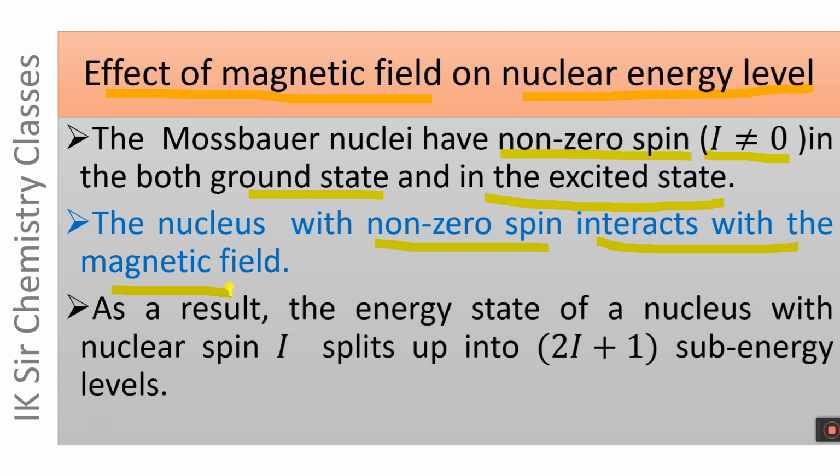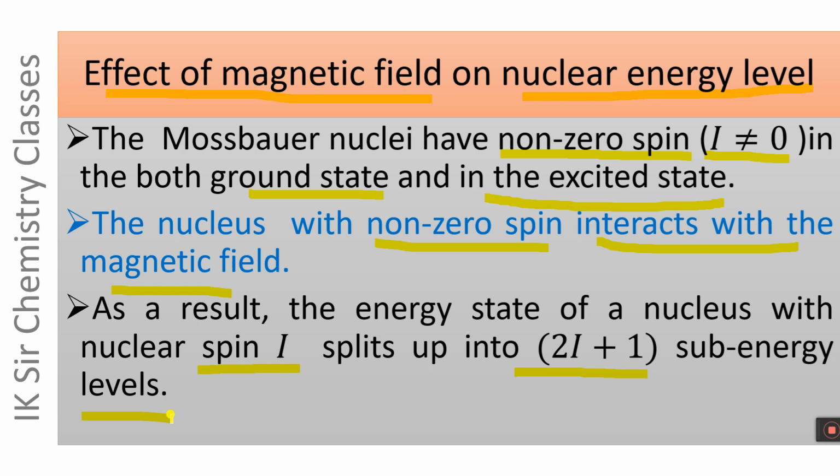As a result, the energy state of a nucleus with nuclear spin I splits up into 2I plus 1 sub-energy levels.